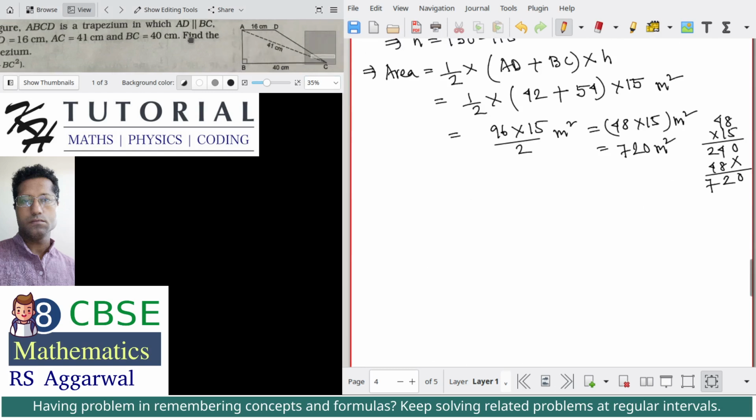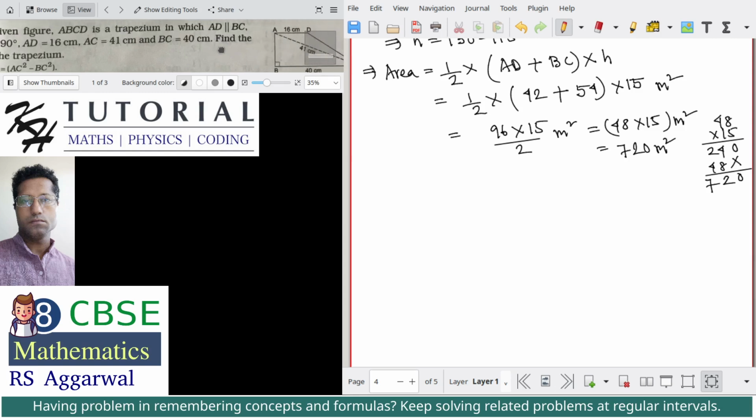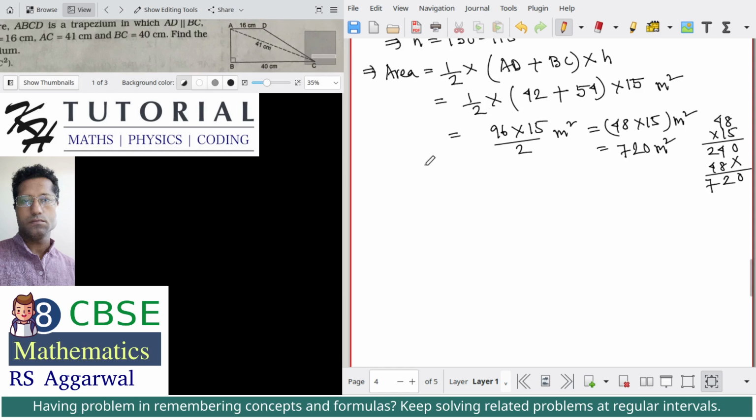So there is a figure. Let's draw the figure first. This is question number 10.